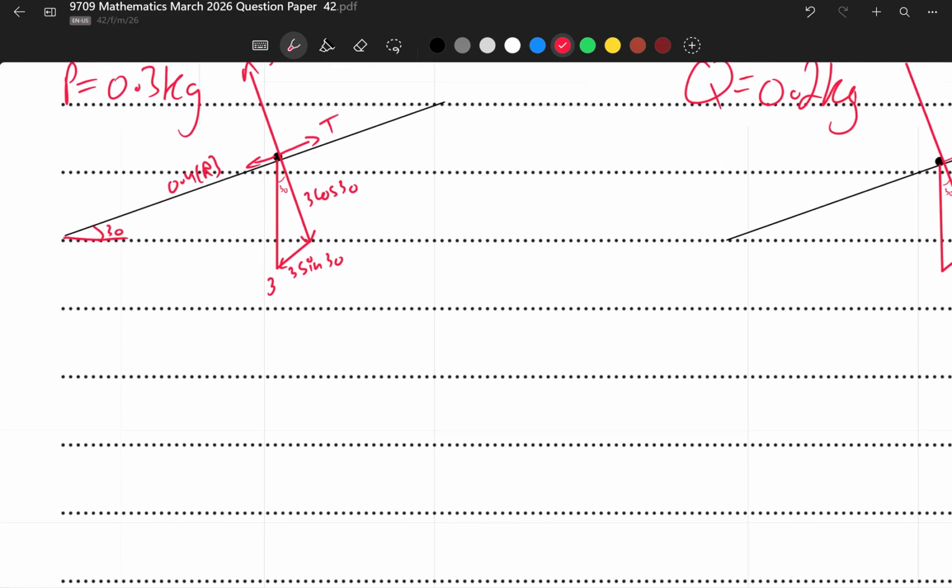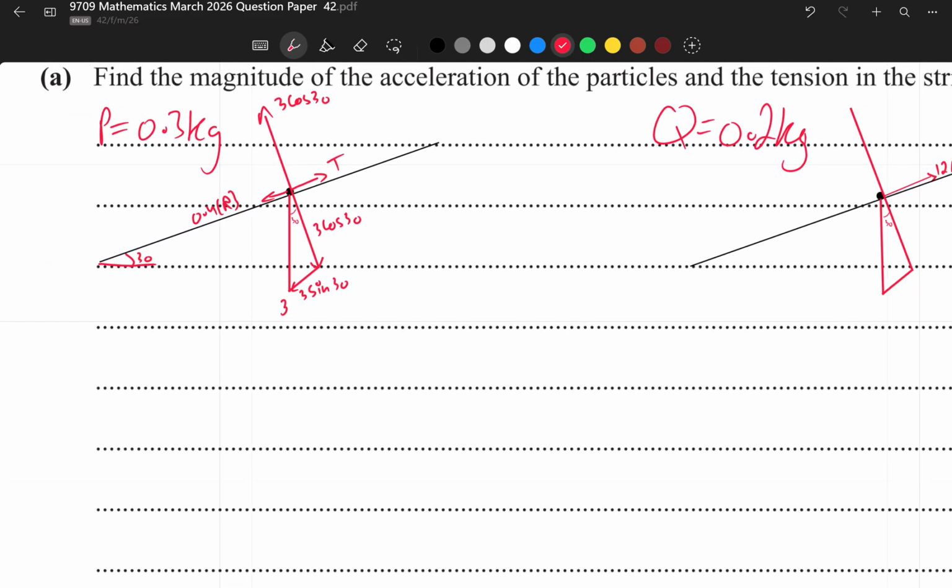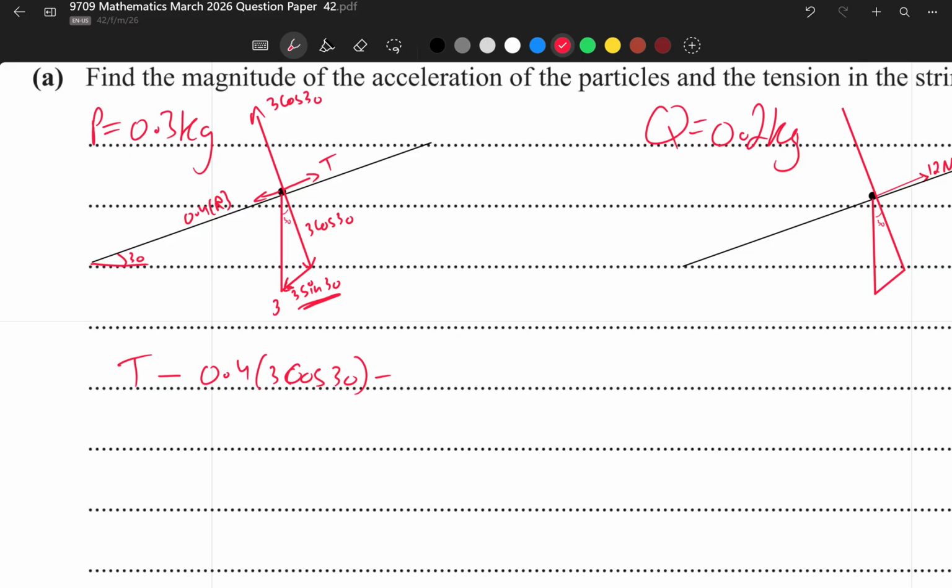Now let's make an equation from this. T, tension, is the driving force, minus resistance, which is 0.4 into 3 cos 30, minus the component of weight, which is also acting parallel downwards with the friction, minus 3 sin 30, is equal to MA.